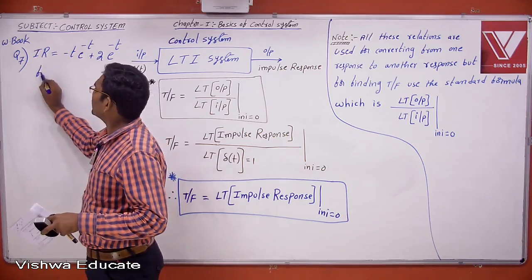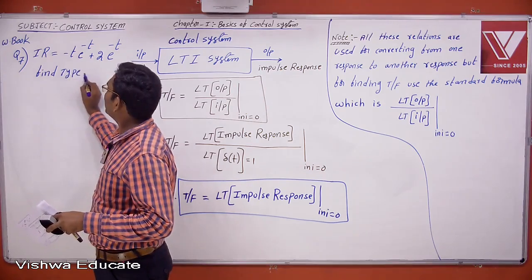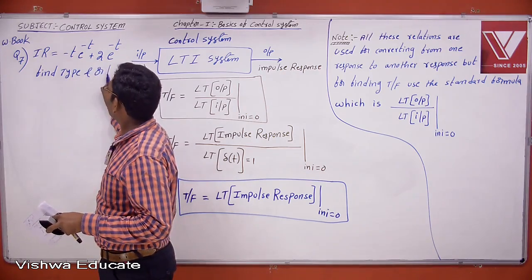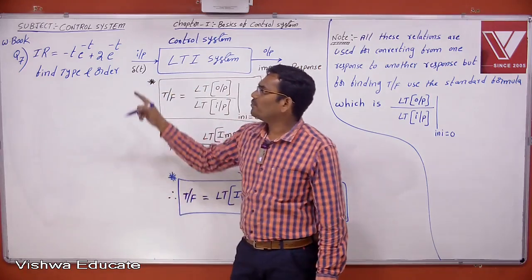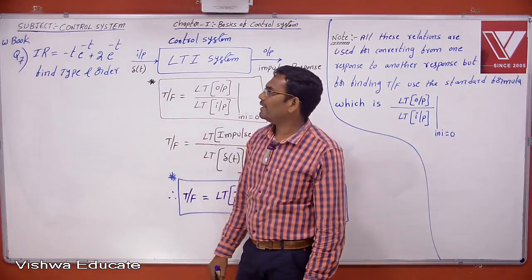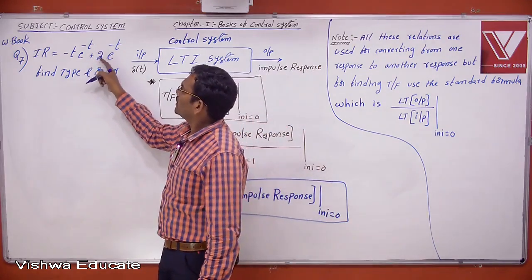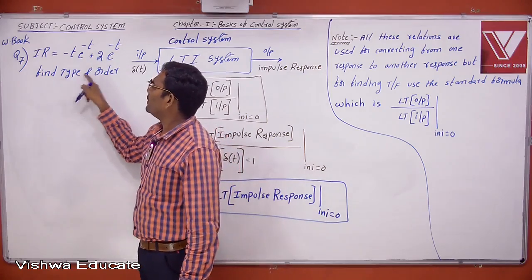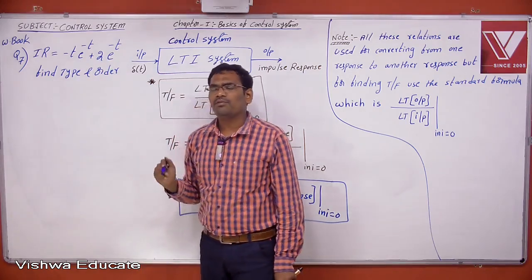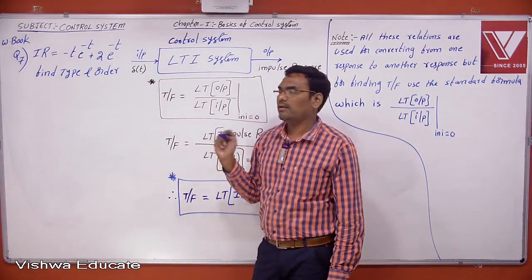Now he is asking us to find the type and order. See how this is linked. He is giving the impulse response of the linear time invariant system and asking to find type and order. First we need to find the transfer function.